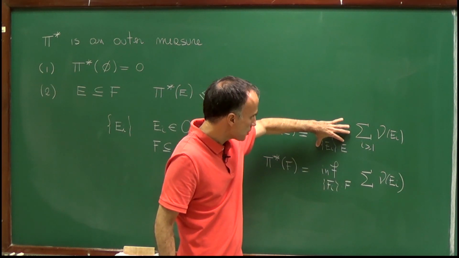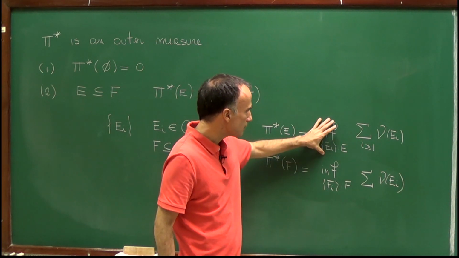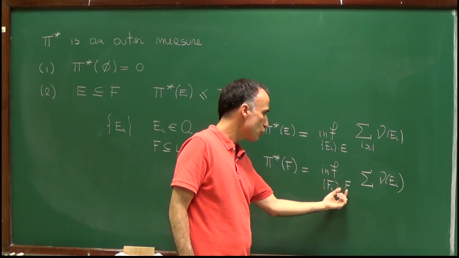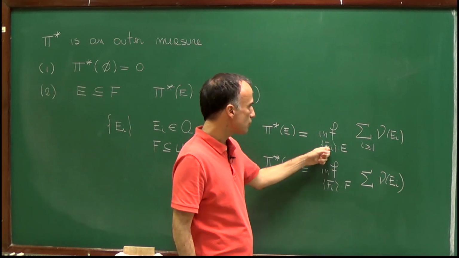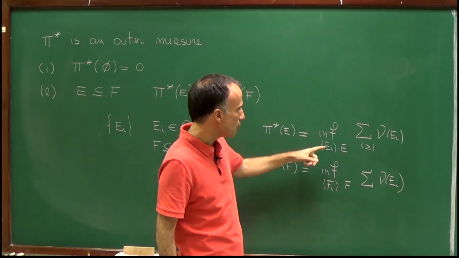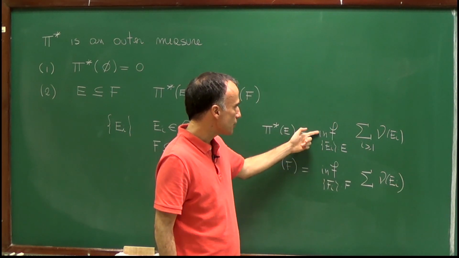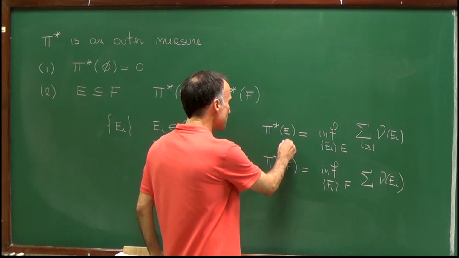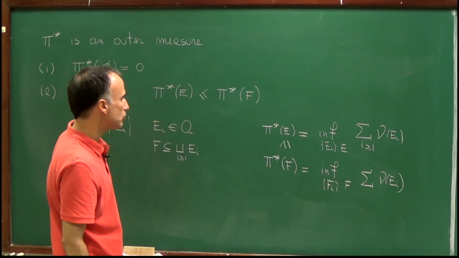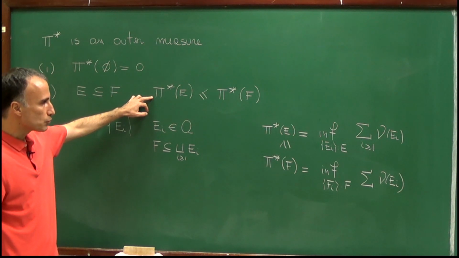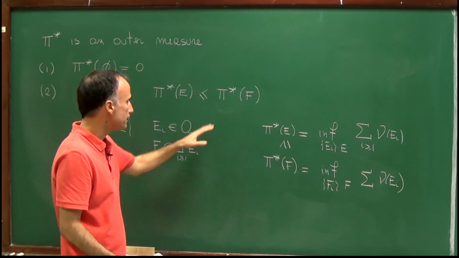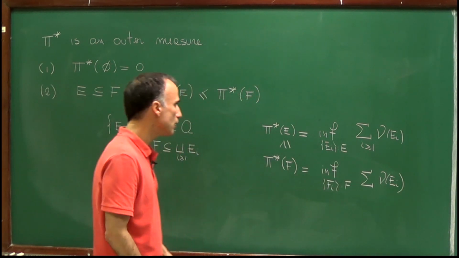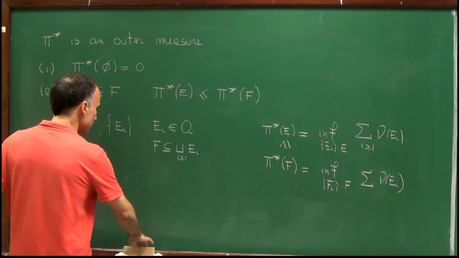Since this class is larger, when taking the infimum, we get something which is smaller than this one. Here, any covering of F is also a covering of the set E, and therefore belongs to this class in which we are taking the infimum, which means that this infimum is less than or equal to that one, which means that P star of E is less than or equal to P star of F, which is what we wanted to prove. So it's just a simple observation that any covering of F is also a covering of E. This proves the second property of outer measures.